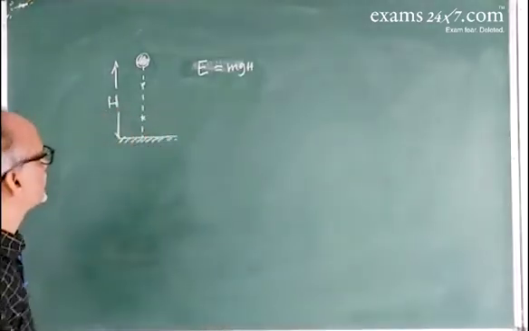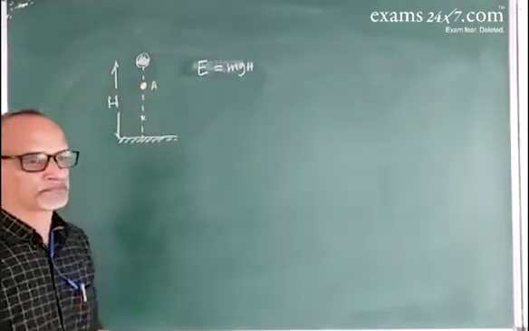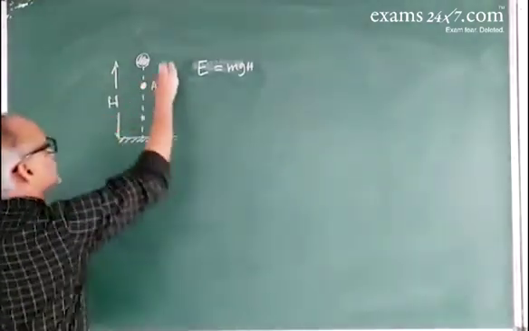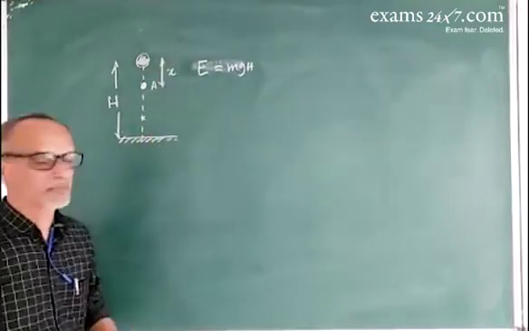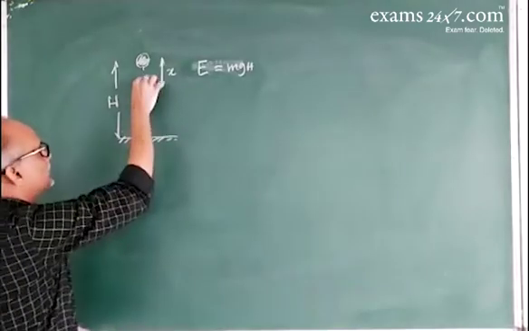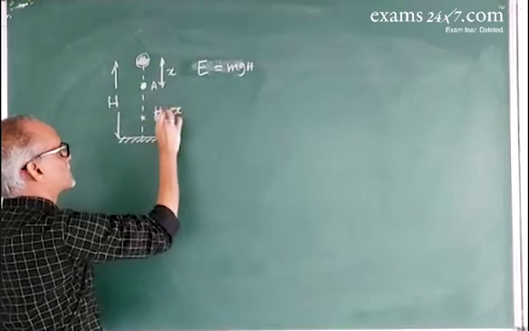If they ask you to find the potential energy at a particular point A, after traveling a certain distance, let us consider x, then right now the body is at a height h minus x.